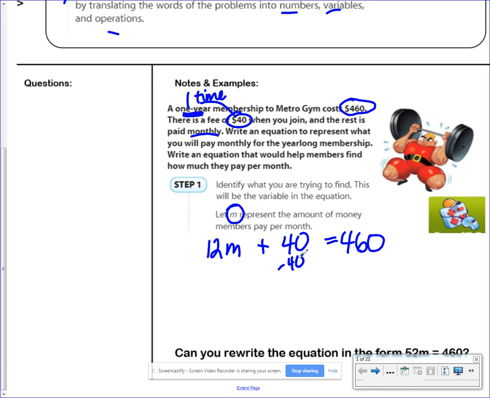I'm going to subtract the $40 here and here, and this would give me 12M equals 420. All right, now it's morning. I haven't had my coffee, so I am going to grab a calculator and take 420 and divide by 12, because every time I look at an equation, my goal is to isolate the variable.